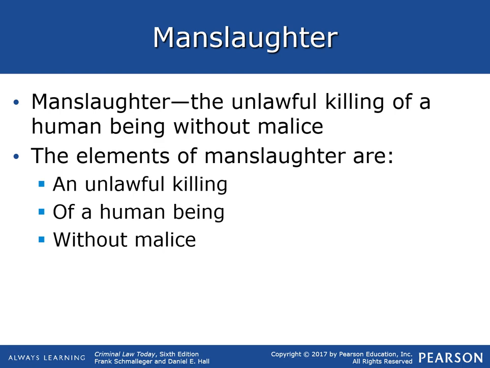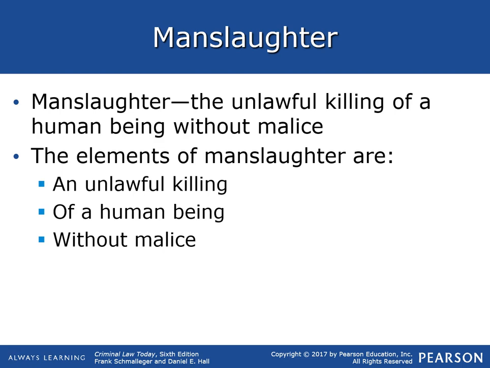It's not sufficient that a death merely occurs at the same time as a felony. In some way, the felony must give rise to the killing. So on page 227 in your book, it talks a little bit about the felony murder rule, and it gives you a little diagram on how that rule actually applies. Because we're limited on time, we're going to move on to manslaughter.